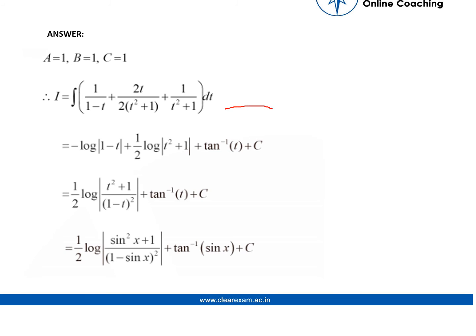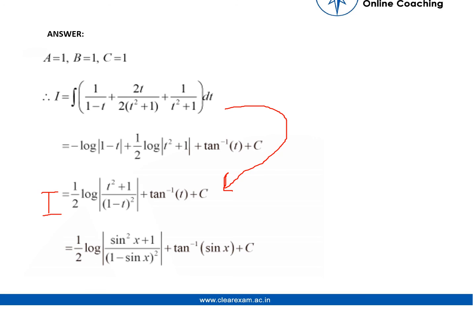Now solving it further, we'll get I is equal to 1 upon 2 log of (t square plus 1) upon (1 minus t) whole square plus tan inverse t plus c.